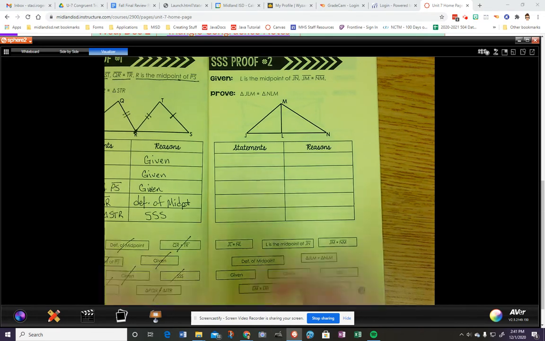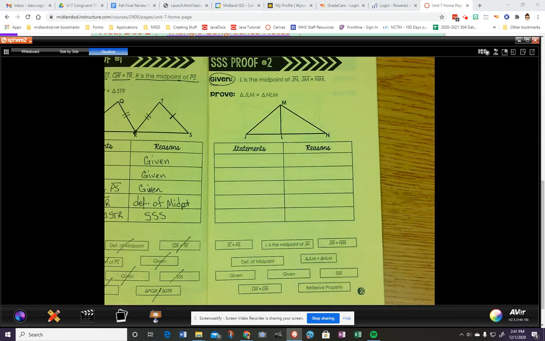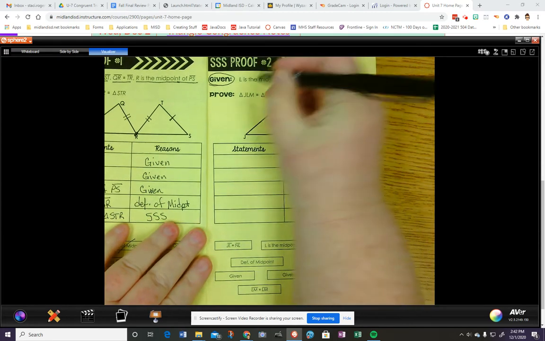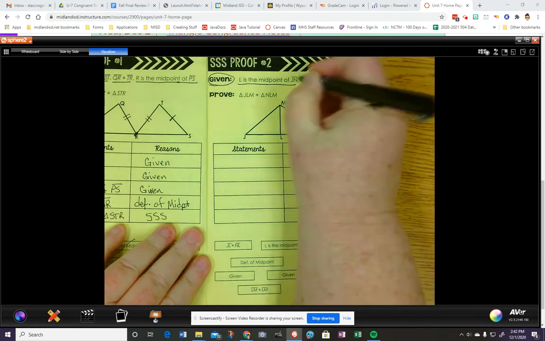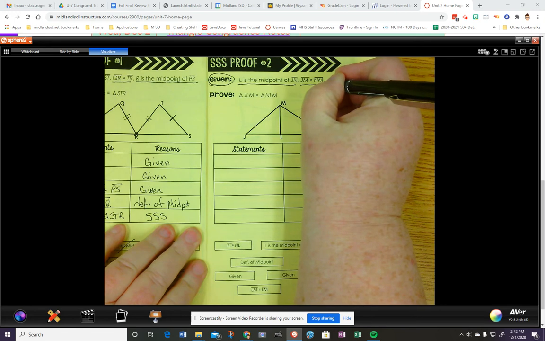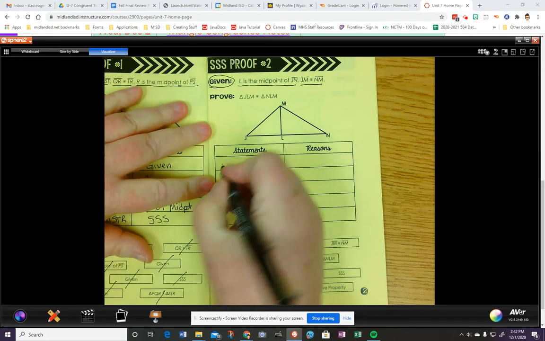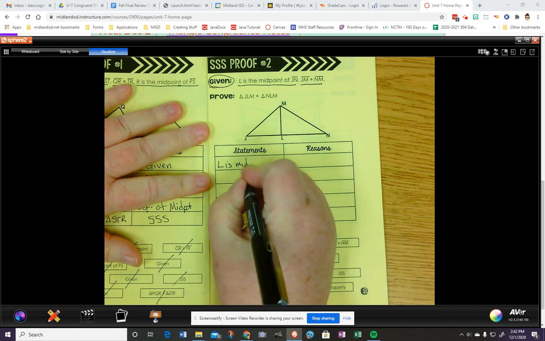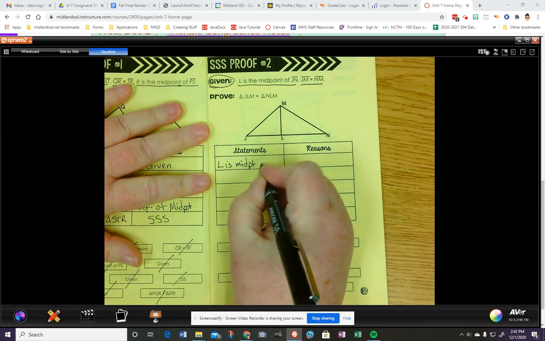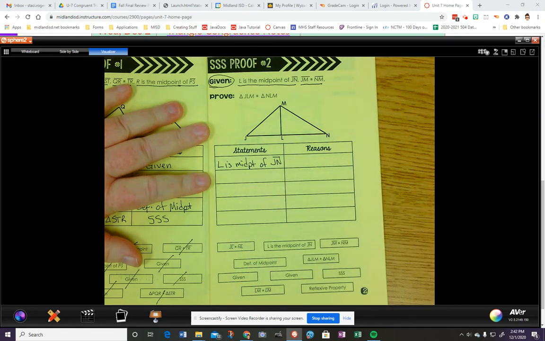Once again, we have our given, so we're going to copy this down. We have L is the midpoint of JN, and JM is congruent to NM. We only have two pieces this time, so I'm going to put my statements. L is the midpoint of JN, it's a segment.